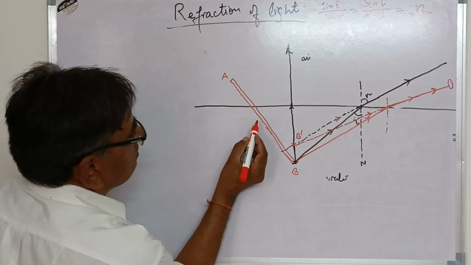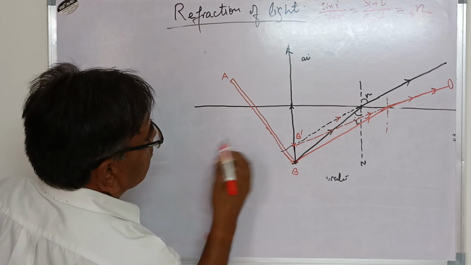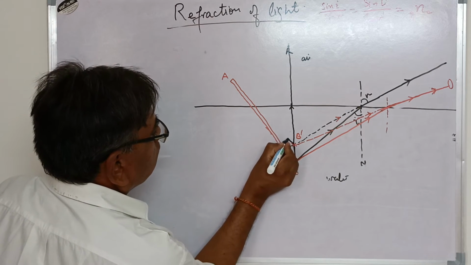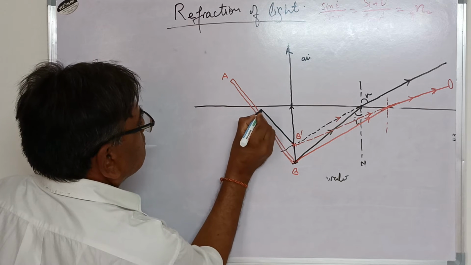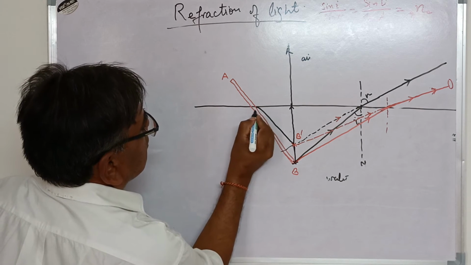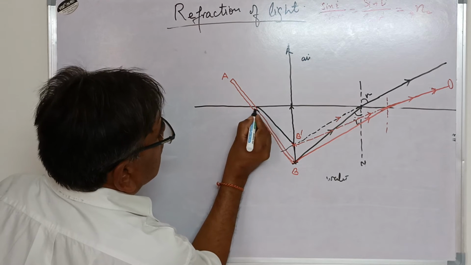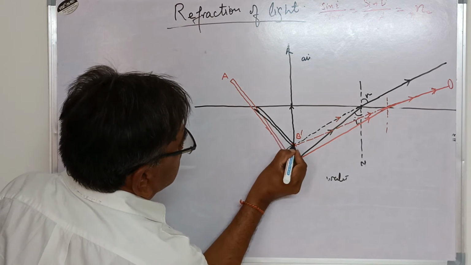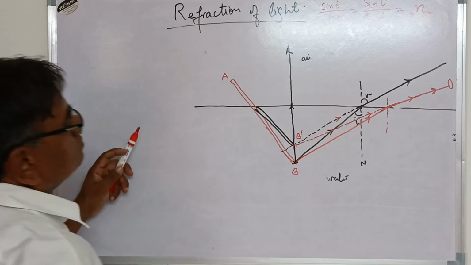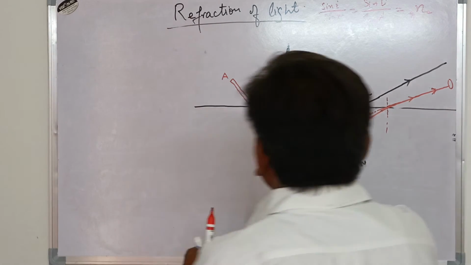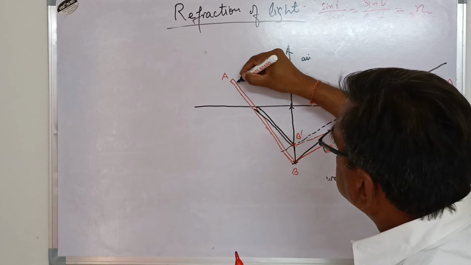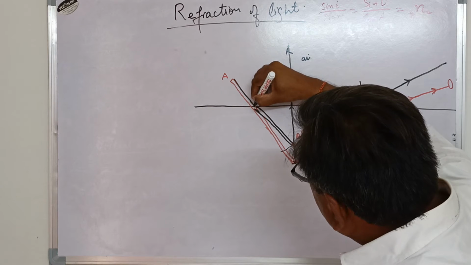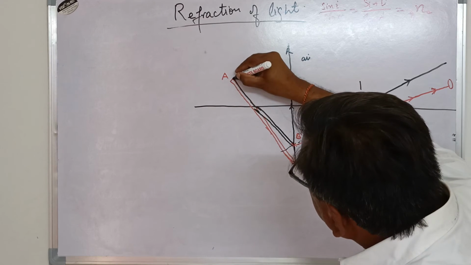So this half stick you will see like this, and from here you will see this.